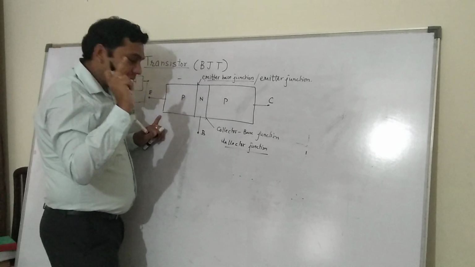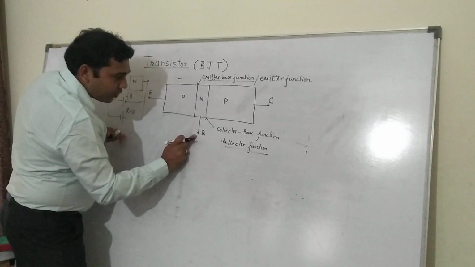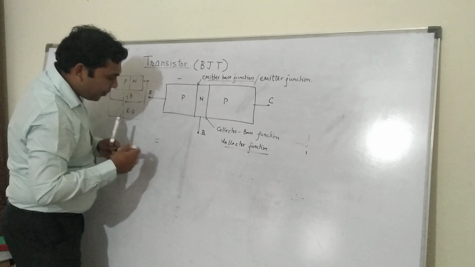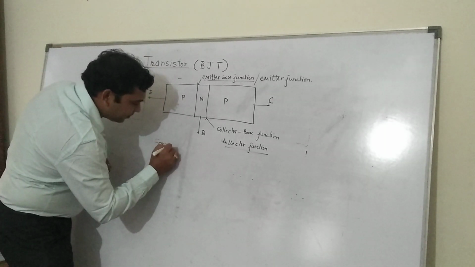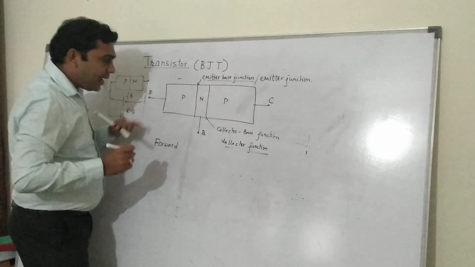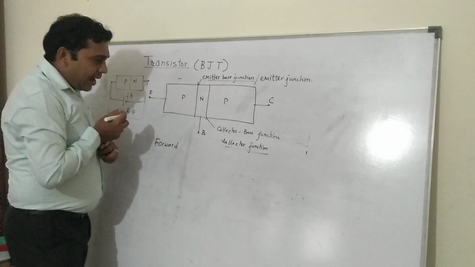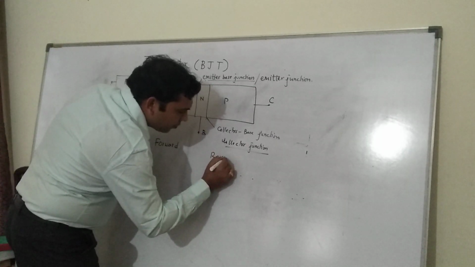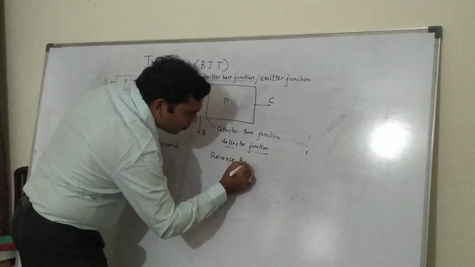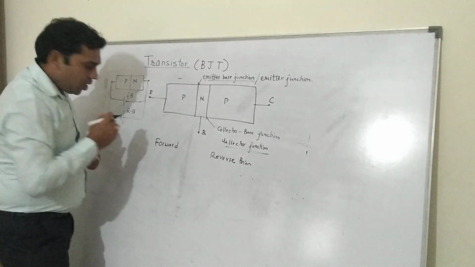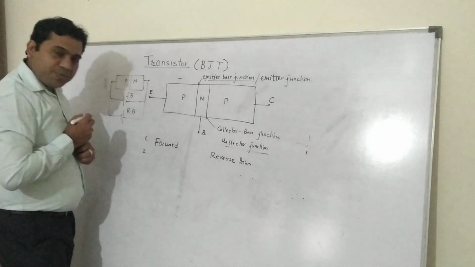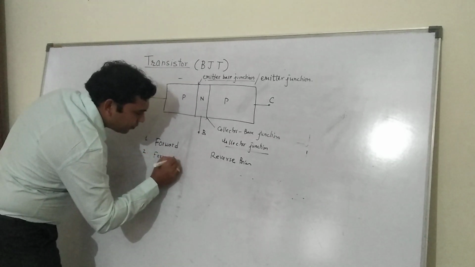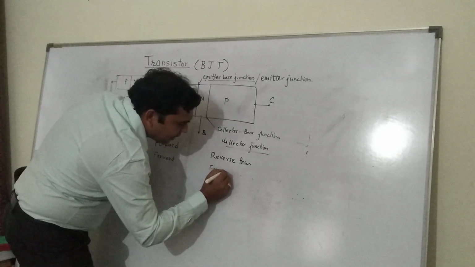How can we have four different biasing? Number one way: you apply a forward bias at the emitter base junction, and you apply a reverse bias at the collector base junction.